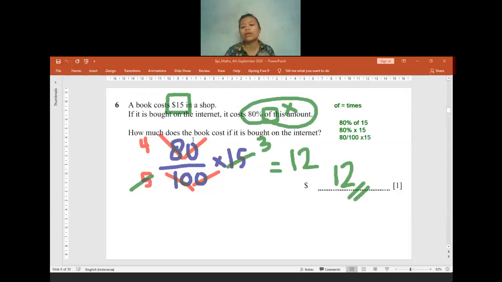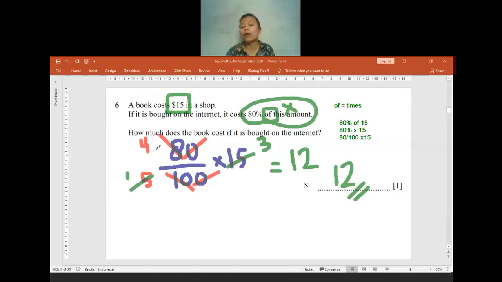How do you do it? You can do canceling like I did here. For the 80 per 100, the 0, both of them I can cancel. The 8 and the 10, I divide everything by 2. 8 divided by 2 will be 4. 10 divided by 2 will be 5. After that, 5 and 15, I can simplify them. 15 divided by 5 will be 3, and 5 divided by 5 will be 1.